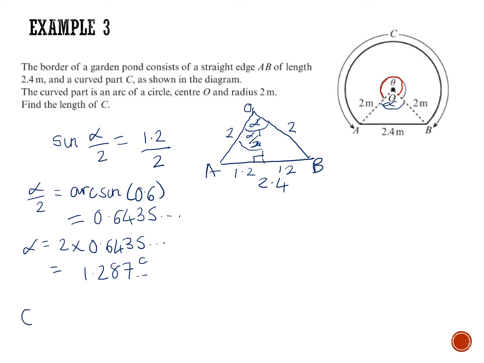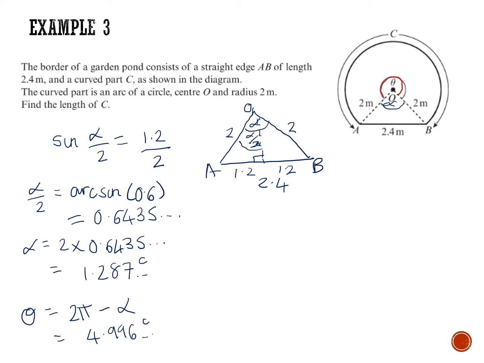So if I want to work out what theta is, I do 2 pi radians take away the alpha I worked out, and again, put that in your calculator. 2 pi minus answer, which you've left in there, and you get 4.996... leave it in your calculator, radians.